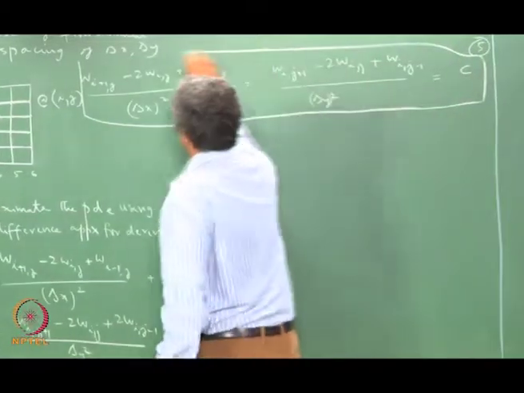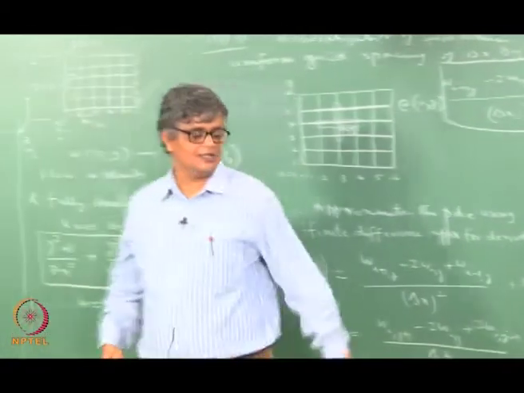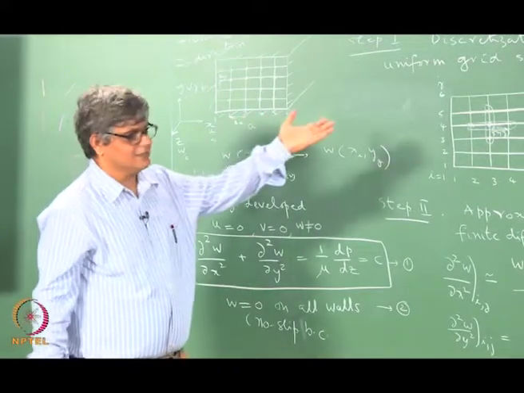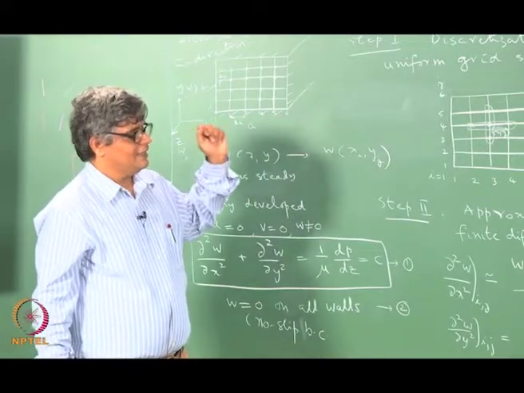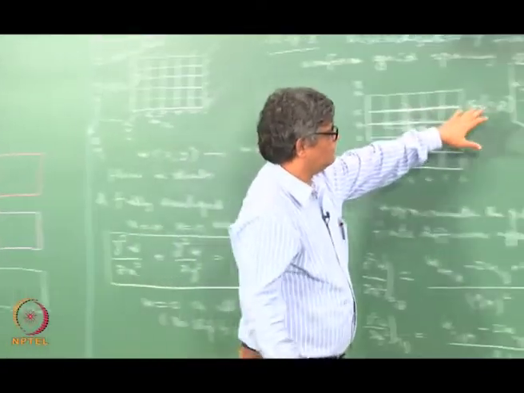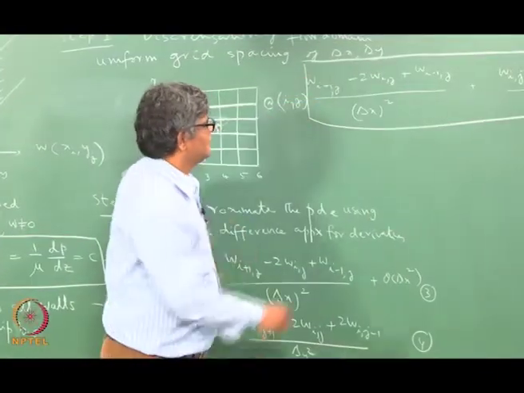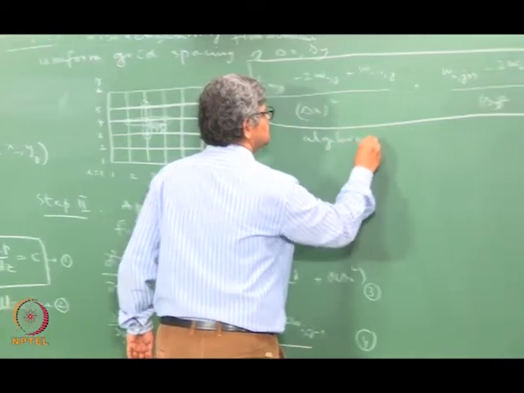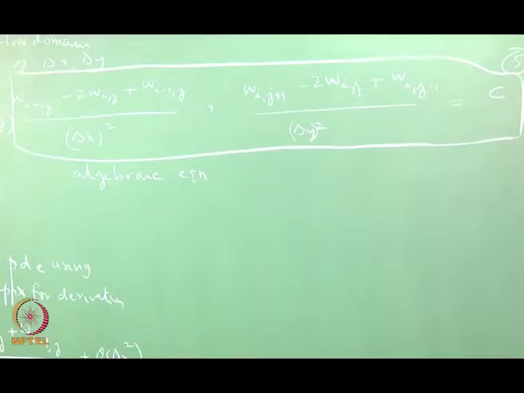Another difference between equation 1 and equation 5 is that equation 5 has no derivatives, and W is a value of the velocity. So, it is just an algebraic quantity. It is an unknown as of now, all these values are unknowns, but this is an algebraic equation, whereas equation 1 is a partial differential equation.